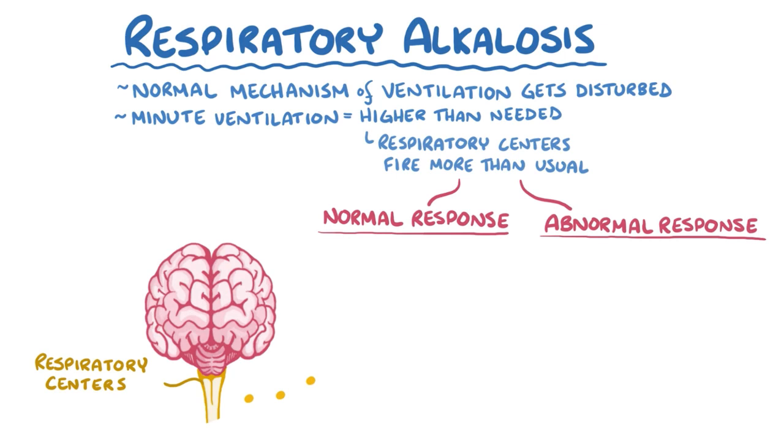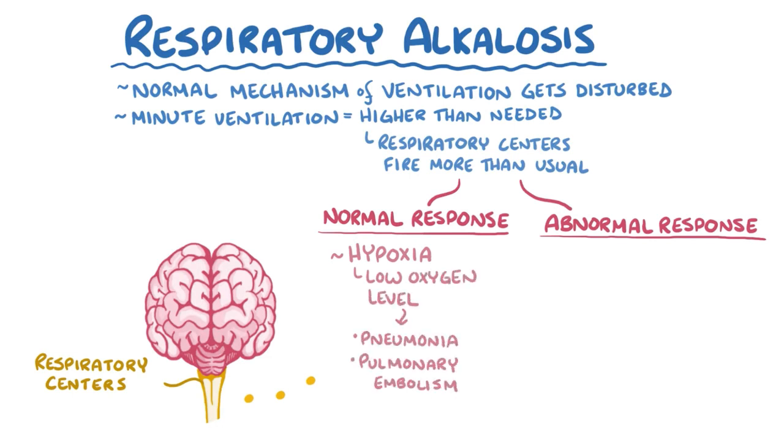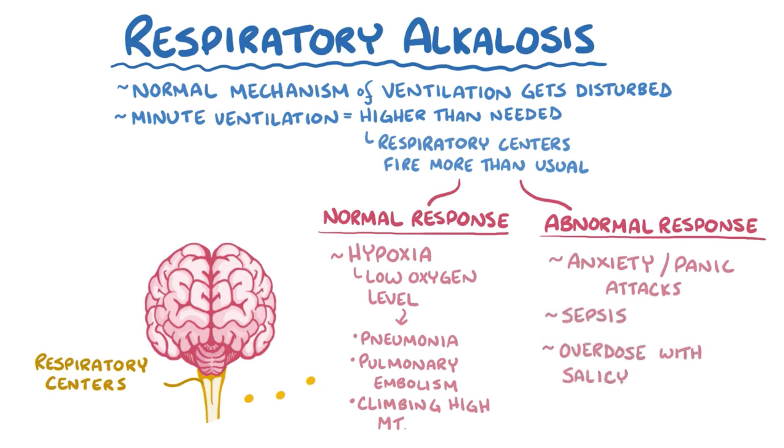Increased ventilation is a normal response to things like hypoxia, which is a low oxygen level that happens with diseases like pneumonia or a pulmonary embolism, or even when a person climbs a high mountain like Mount Everest. Increased ventilation, though, can be an abnormal response that sometimes happens in situations like anxiety and panic attacks, as well as in sepsis or in overdoses with salicylates.